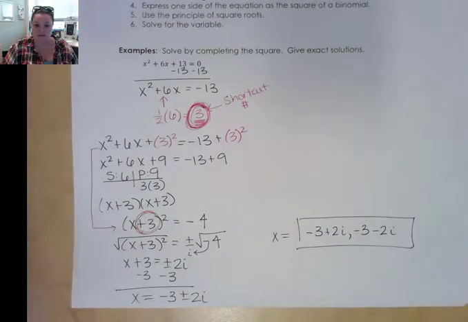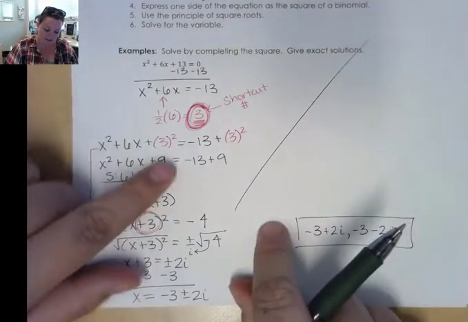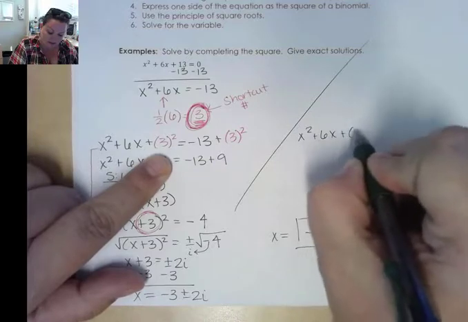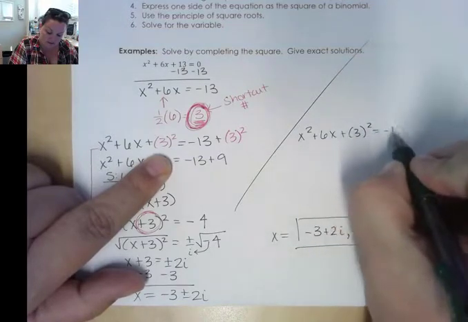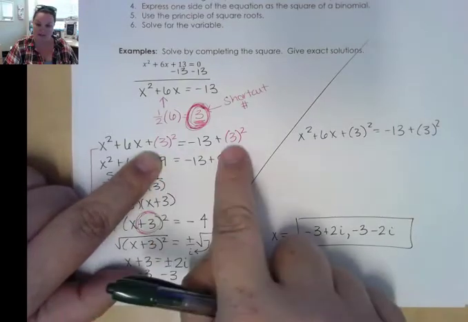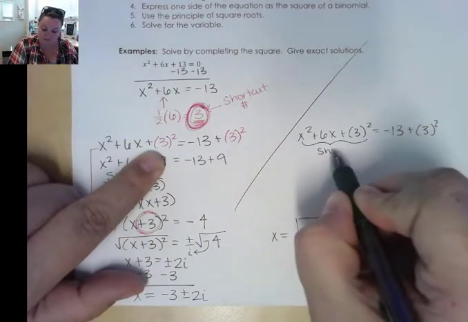Always, always, always. So as soon as, you don't have to write this, but as soon as you get to this step where you say, okay, x squared plus 6x plus 3 squared is equal to negative 13 plus 3 squared, once you get to this step, I'm fine with you just saying that we have a shortcut for this side.